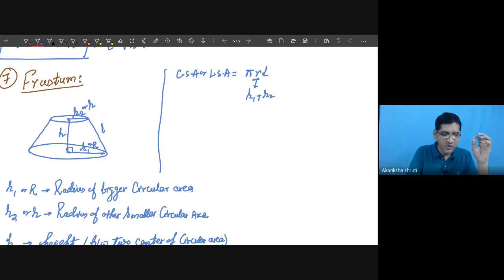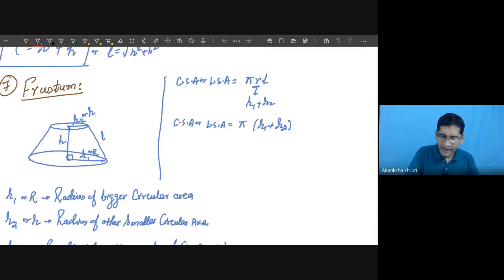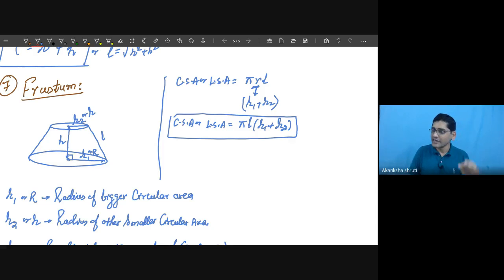So rather than pi R L, we shall write CSA or LSA as pi, keep it as it is, R1 plus R2 into L, or L may be kept before this. So pi L (R1 plus R2) or pi (R1 plus R2) L. So this R of the cone has to be replaced by this. It's so simple. Many a time students get confused.